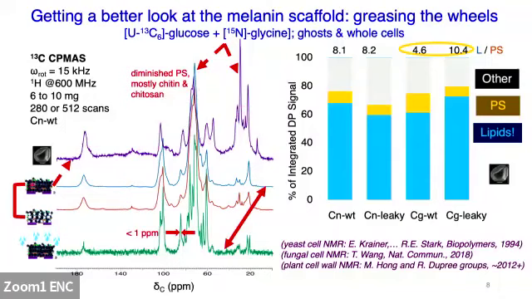But you can look at the whole cells, and there are a couple of different ways you can do it, some of which are like one of the prior talks in this session. The idea is that if you look at a whole cell system, then you can compare melanized and not, which you can't do with the ghost because you can only look at the melanized cell wall. And if there's no melanin, you have nothing left.